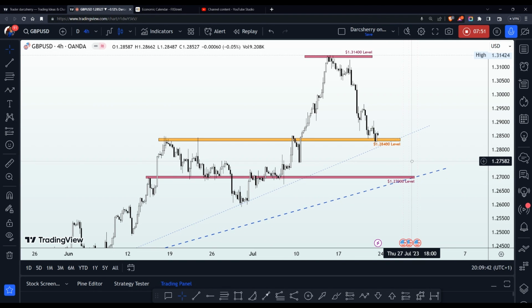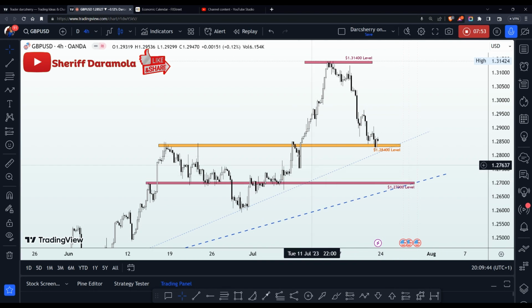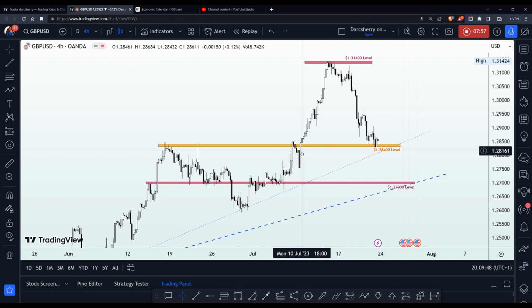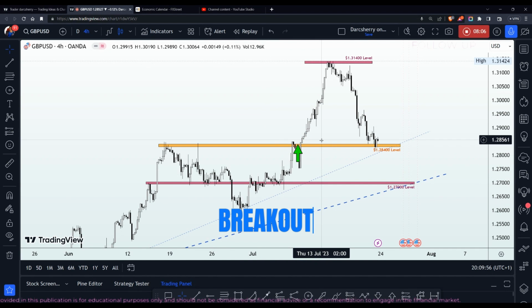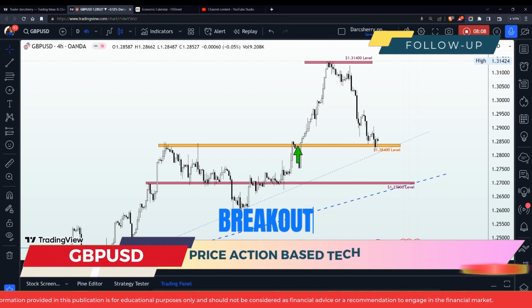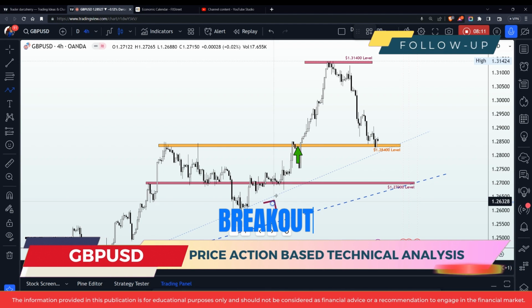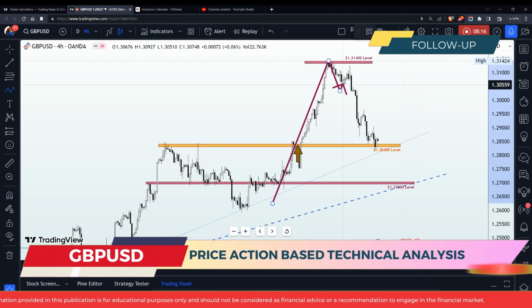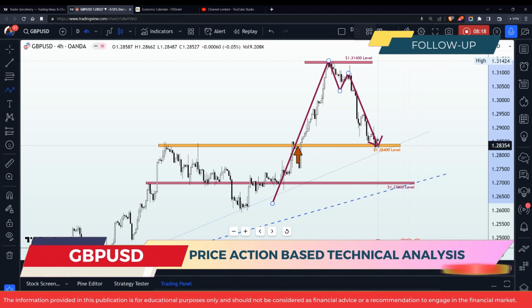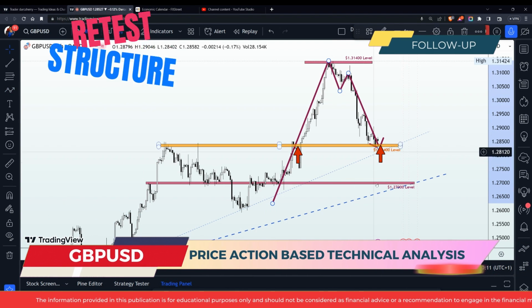Then another thing I would like to call our attention to is what really happened during the previous week, where we saw the breakout of that key level here at the 1.284. And from a technical standpoint, it is expected that when price breaks out of a key structure such as this one, we might likely see a situation where price comes back to retest that structure.